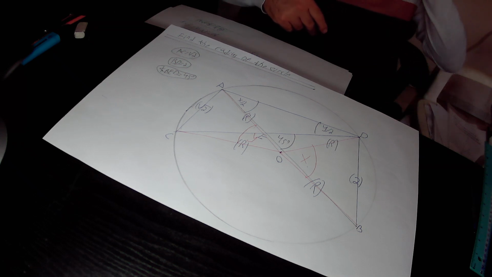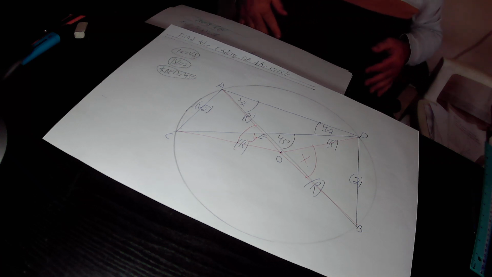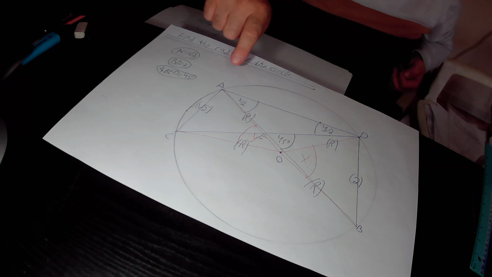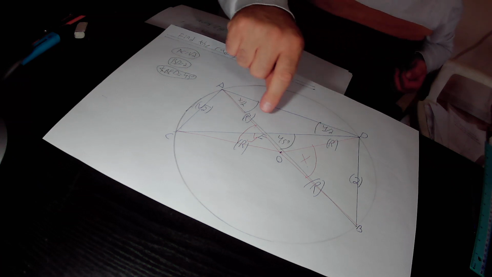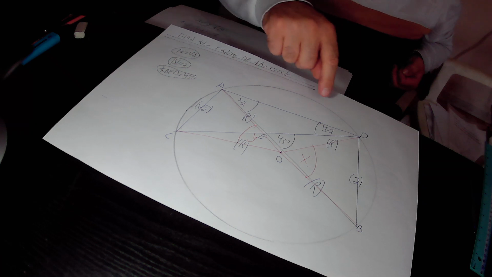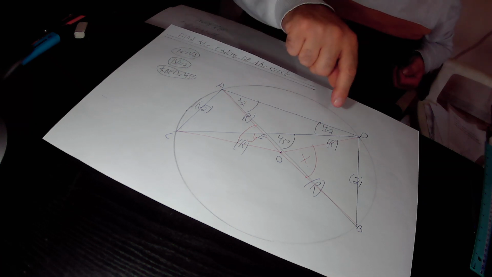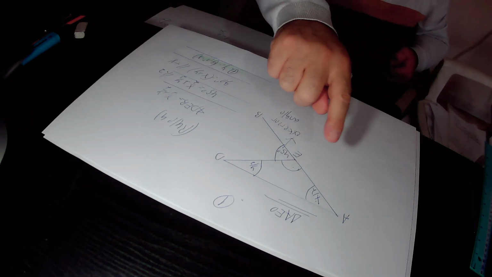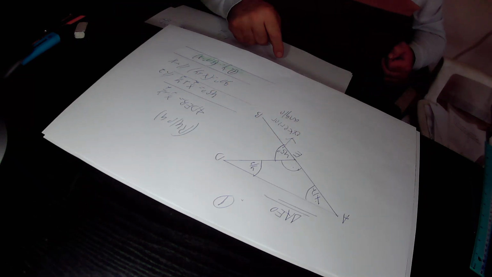In the next step, I copied triangle ADE in a new page, and we implemented rule 4 in this triangle ADE. This is triangle ADE that I got from the original drawing.